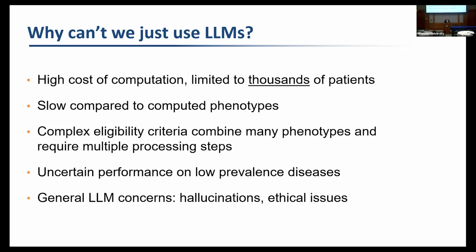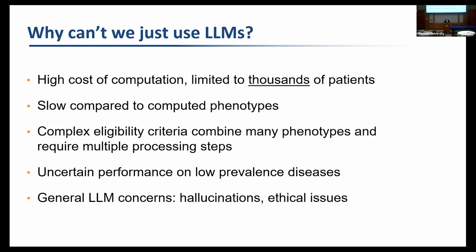Also, some trials have complex eligibility criteria that may combine many phenotypes in complicated ways. They're looking for dates or sequences of events, and some of these things are just challenging for LLMs to do, whereas more traditional machine learning models may actually be better in certain circumstances. There's also, with LLMs, uncertain performance on low prevalence diseases.